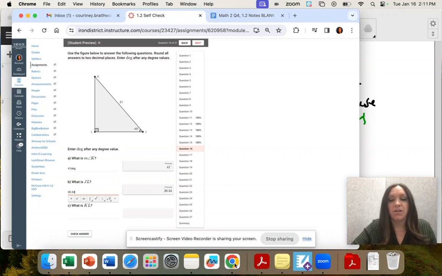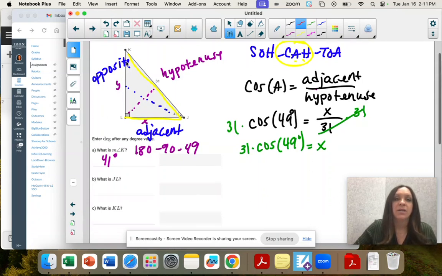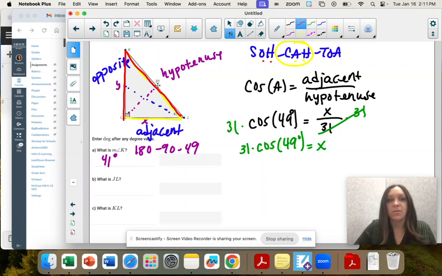And now we're going to solve for KL, which we're calling Y. So now we need the opposite, and we're going to use the hypotenuse, 31. So opposite and hypotenuse is sine.